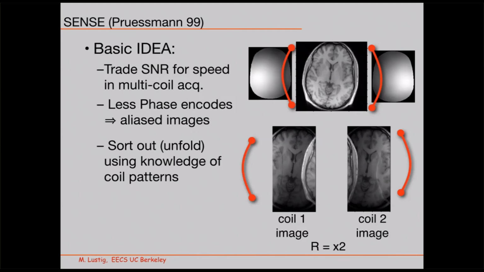The readout is pretty much continuous, and it doesn't save us time to remove measurements from there. However, it does make sense to remove measurements from phase encodes. If we skip phase encodes, that is definitely a saving in time. Now, skipping phase encodes leads to aliasing.